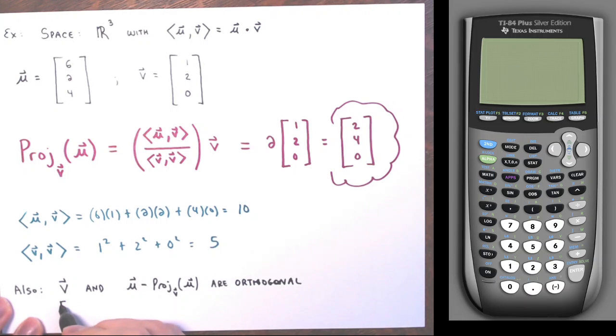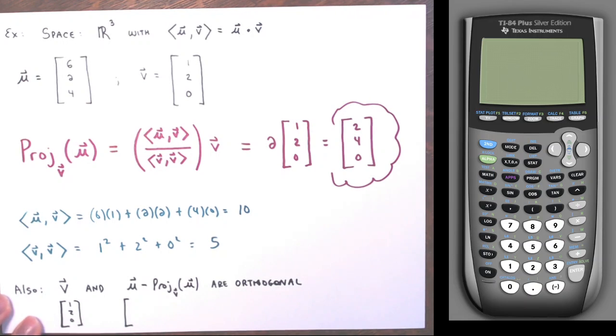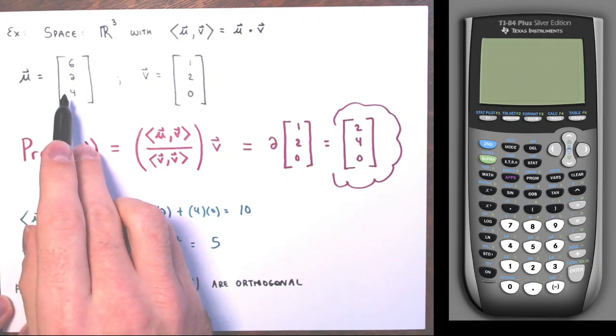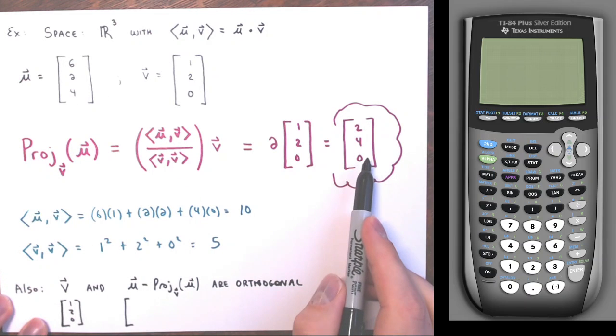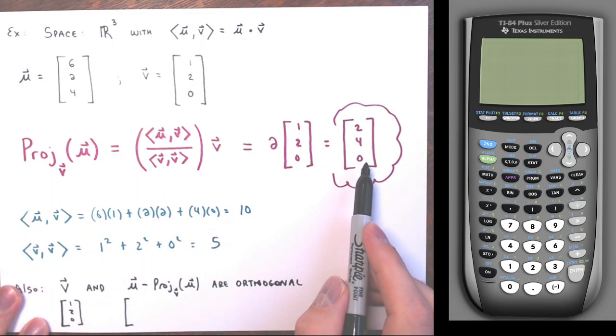So, again, what was V? V is 1, 2, 0. And U minus the projection, right? So let's take U and subtract the projection vector.